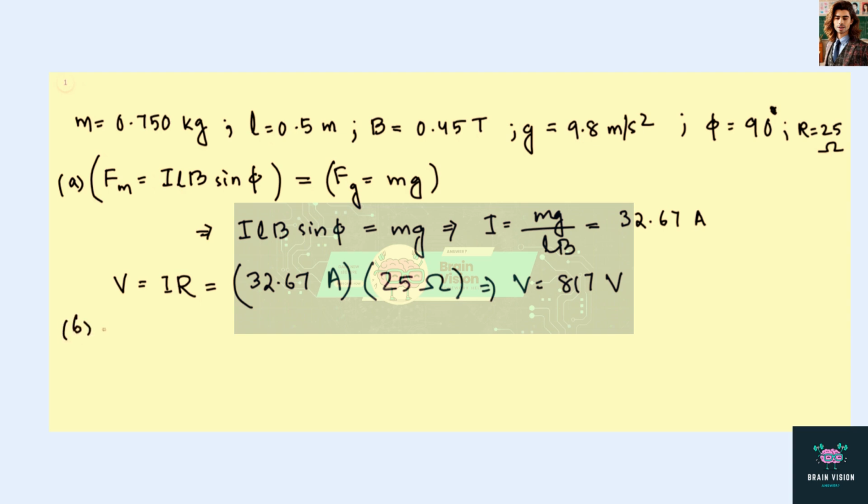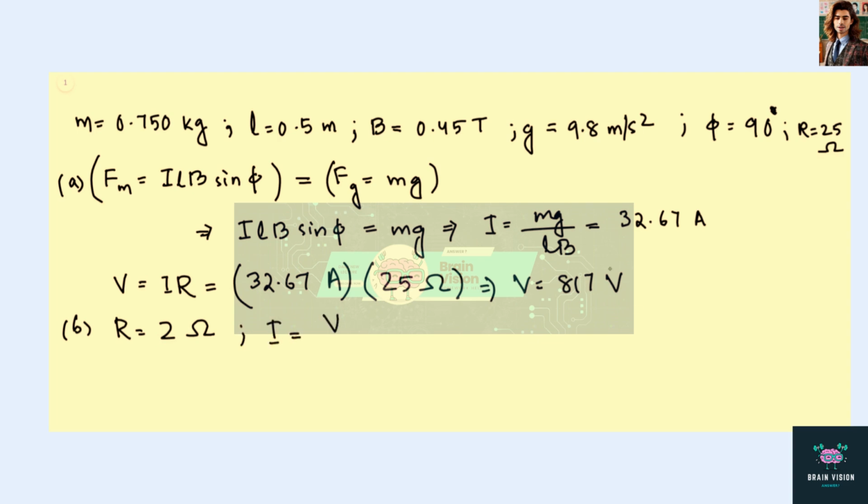For the second part, the resistance is 2 ohms now because of the short circuit. Because of the partial short circuit, the resistance is decreased to 2 ohms now.